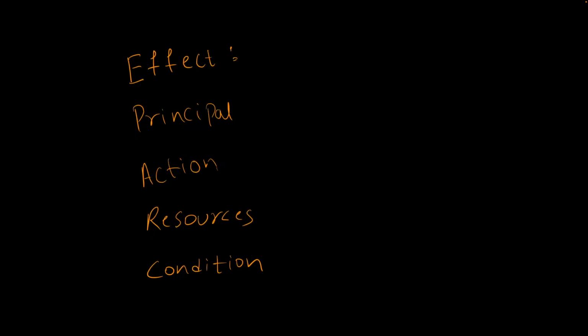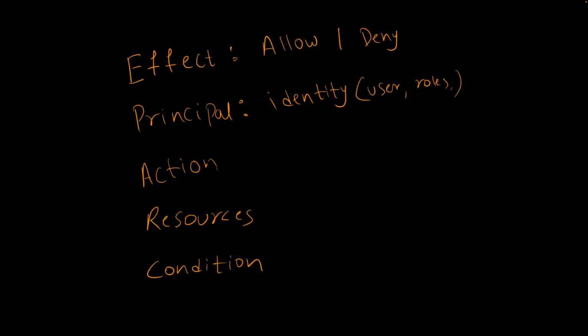Effect can be defined as allow or deny. Principal is an identity. It can be users, roles, groups, etc. Then action is defined as which service. For example, the name of the service is S3, or maybe the name of the service is EC2.